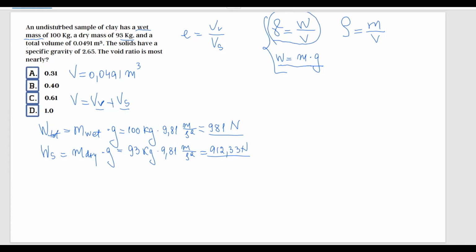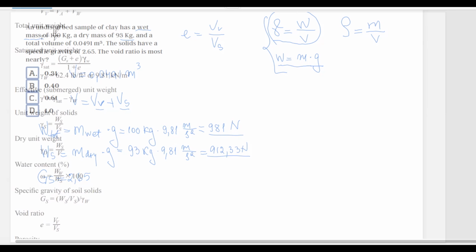Now let's see, how can we find the volume of voids and volume of solids? We are given the specific gravity, 2.65. So how can we use this value to calculate volume of voids or volume of solids?